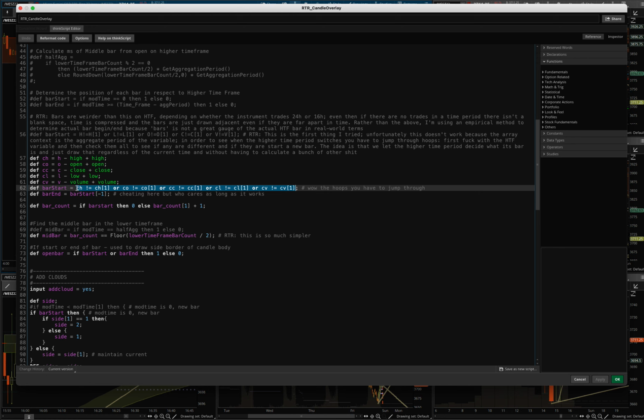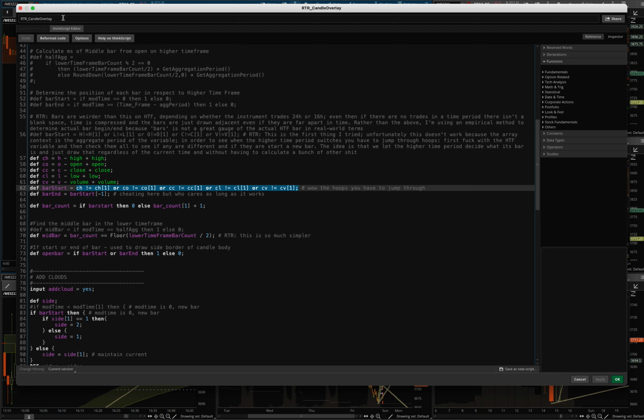So this is a pretty good way. We've got 5 different variables to test whether they're different, and one of them is going to be different, especially on something that's traded with any kind of frequency. But more importantly, this puts bar start in the higher level time frame's actual candle value, where if it's different, then we know we started a new bar.